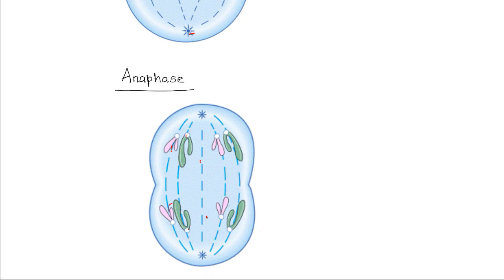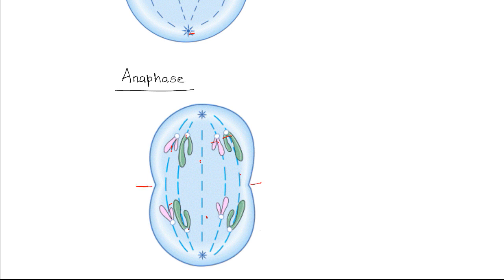The shortening of the spindle fibers, the splitting of the centromere, and thus the separation of the sister chromatids and their migration to the opposite poles. Now, in animal cells, the cell membrane begins to constrict.